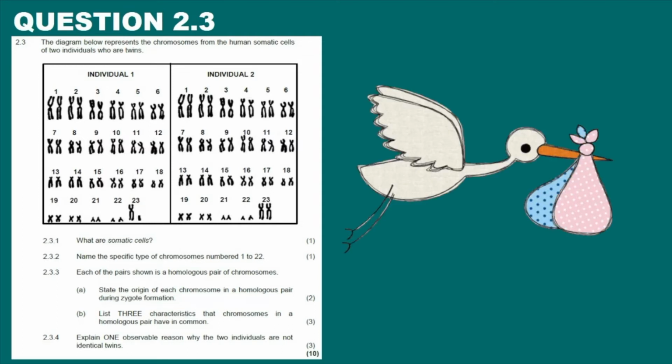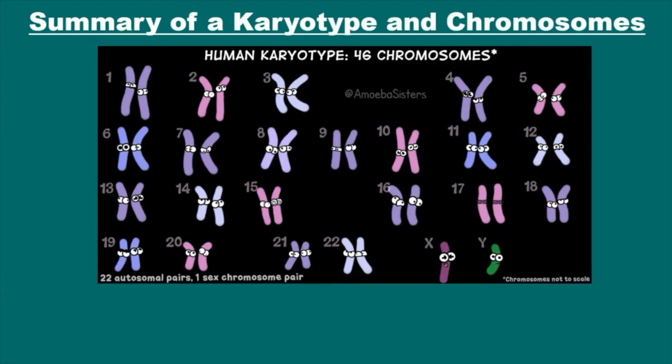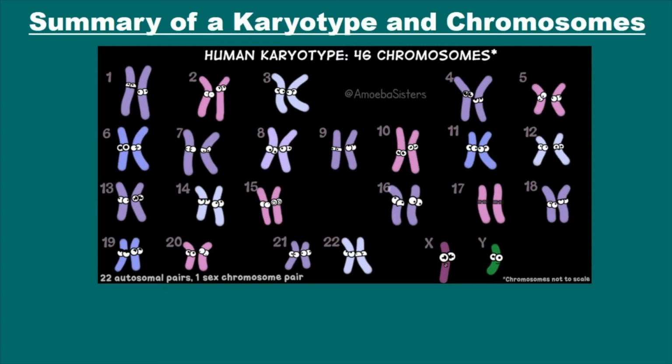At this stage you are not sure if they are identical or non-identical twins, but if you know how to read a karyotype, it is quite easy to distinguish if they are identical twins or not. So you have individual 1, they give you the chromosome pairs from 1 to 23, and the same for individual 2. So let's quickly have a look at how to read a human karyotype with 46 chromosomes.